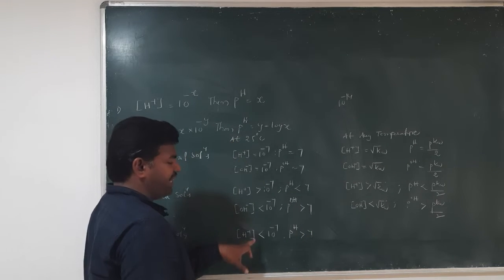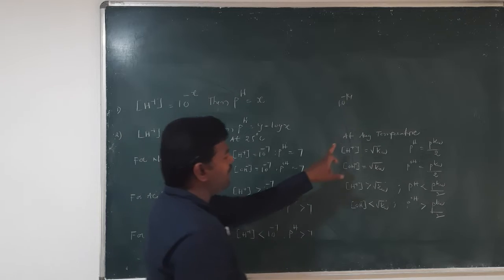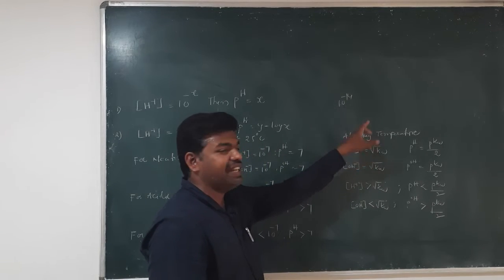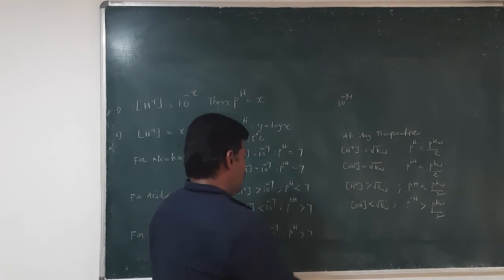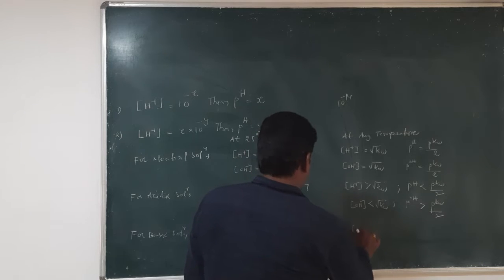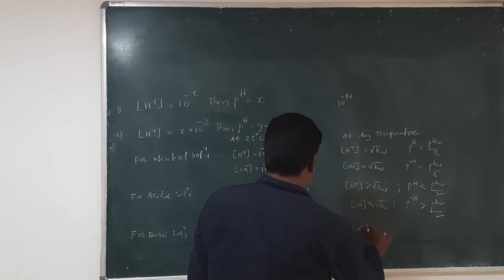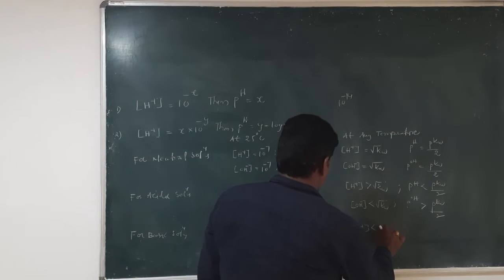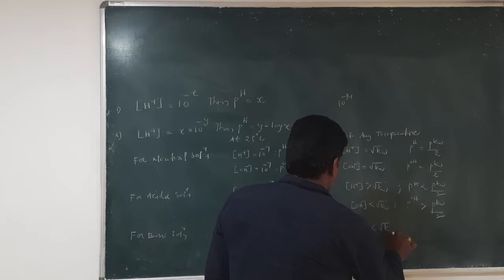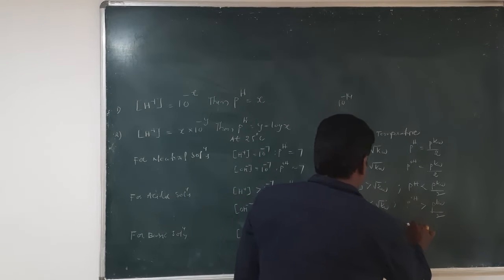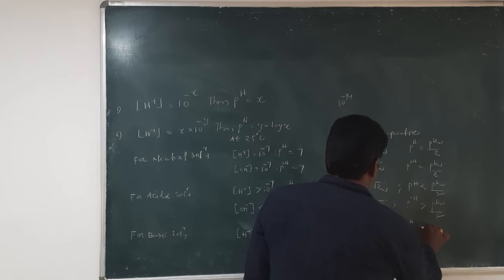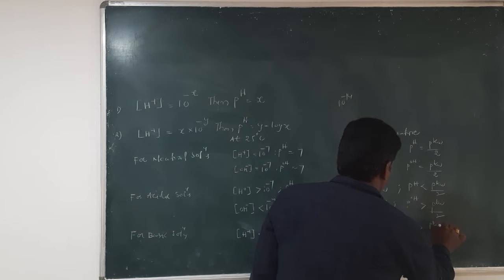This is at 25 degree centigrade, and if you want to calculate at any temperature, the concentration of H plus ions is less than root Kw and pH is greater than pKw by 2.